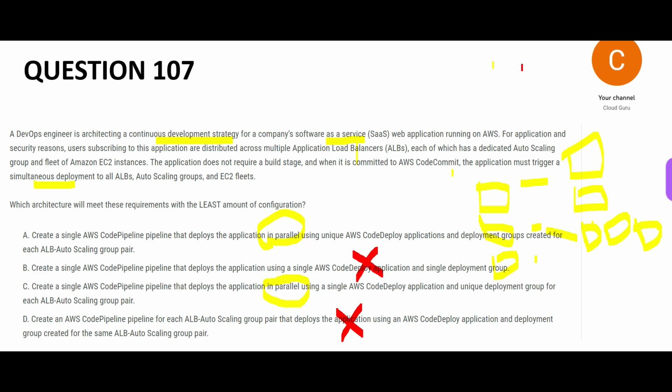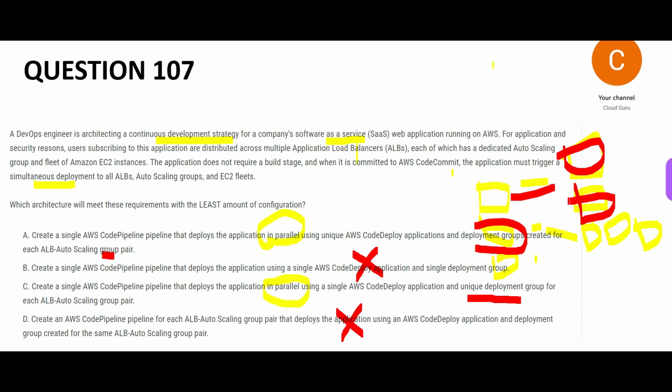See, A and C are similar. Like the first few words are similar. What is differing is here they say that they will use a unique deployment group, and here they say that deployment groups are created for each pair. So you see this ALB, behind this ALB you have these EC2 instance fleets.